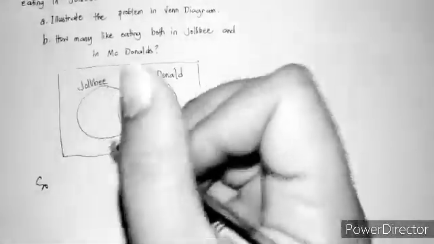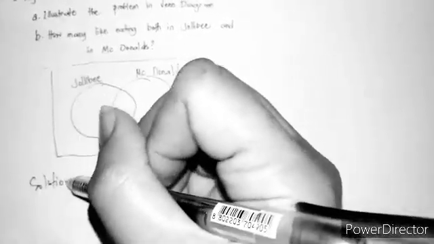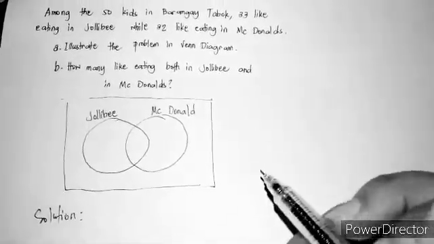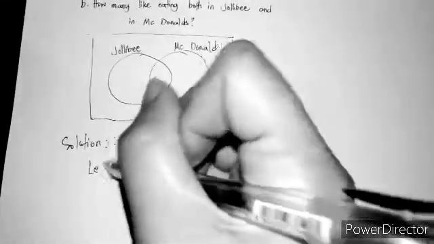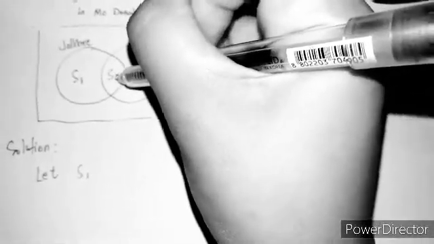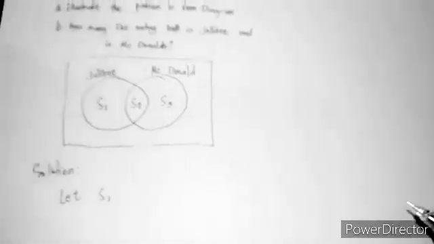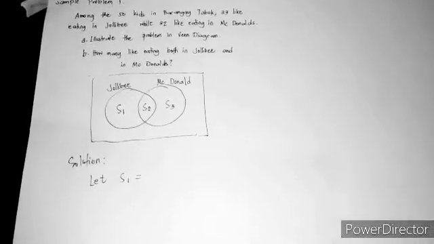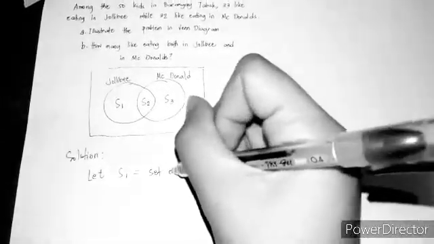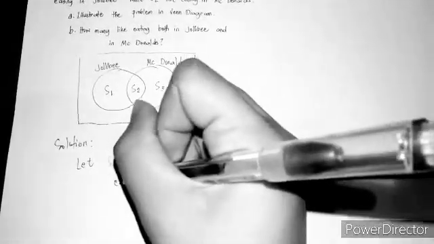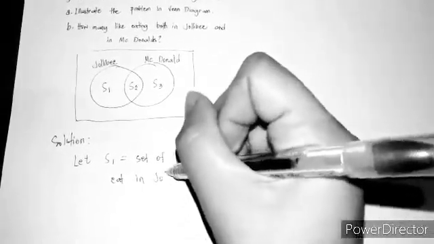So let's have the solution. First, let S1, S2, then S3. Let S1 be the set of kids who eat in Jollibee only.